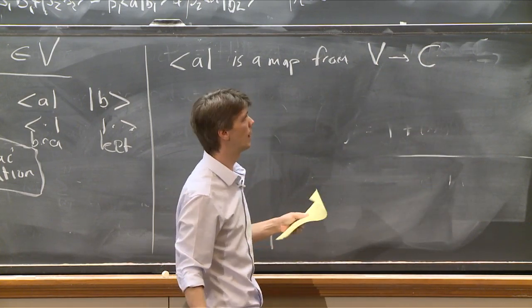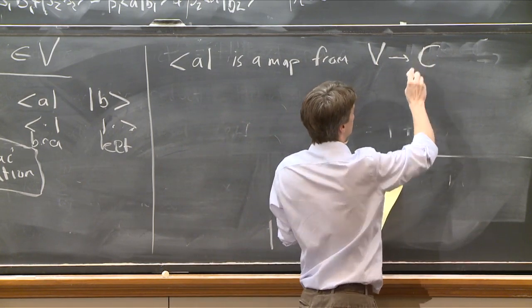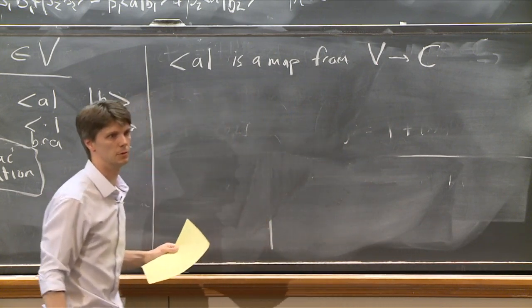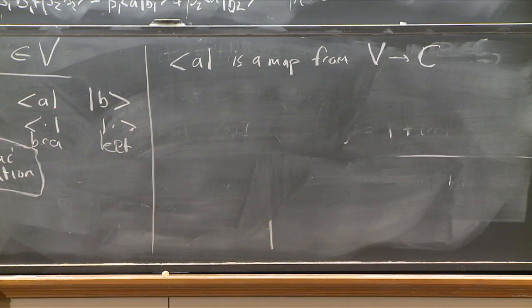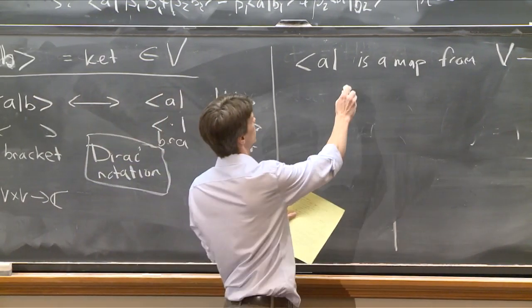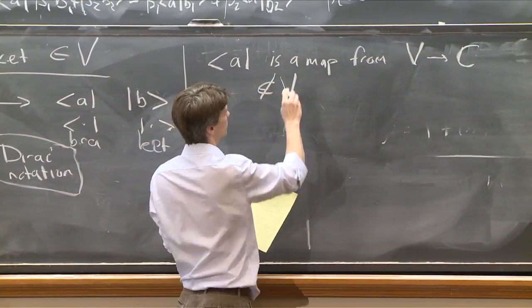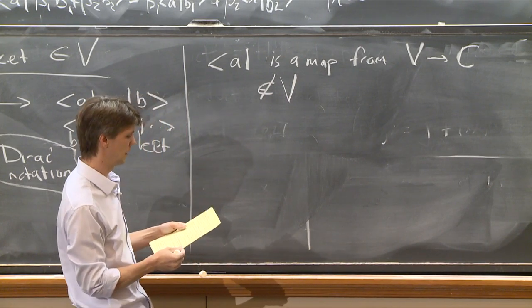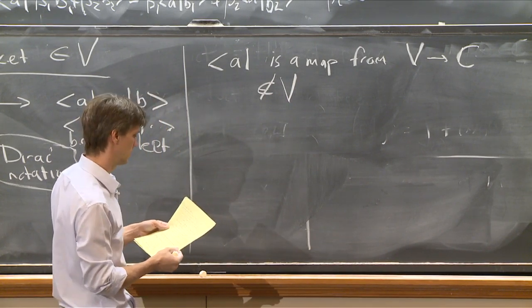Okay, so these bras live in a very different place than the kets do, although they are going to be very closely related. Firstly, it's not in V. You should be careful if you ever say that, because it's not right.